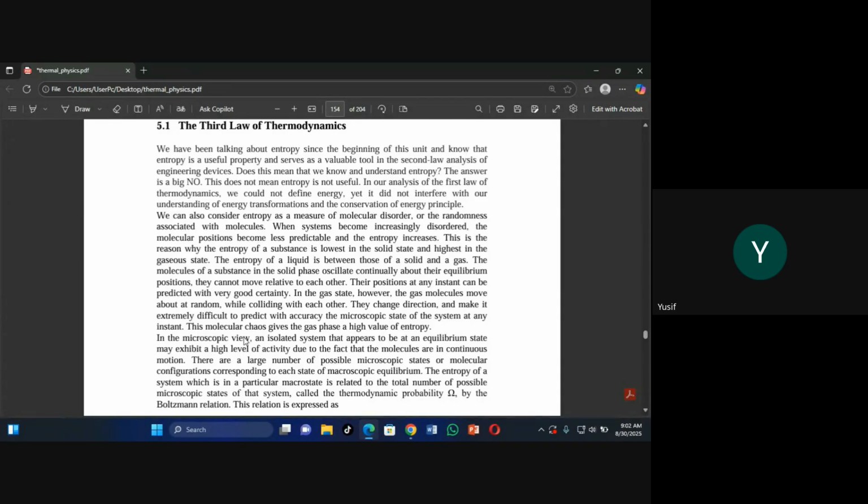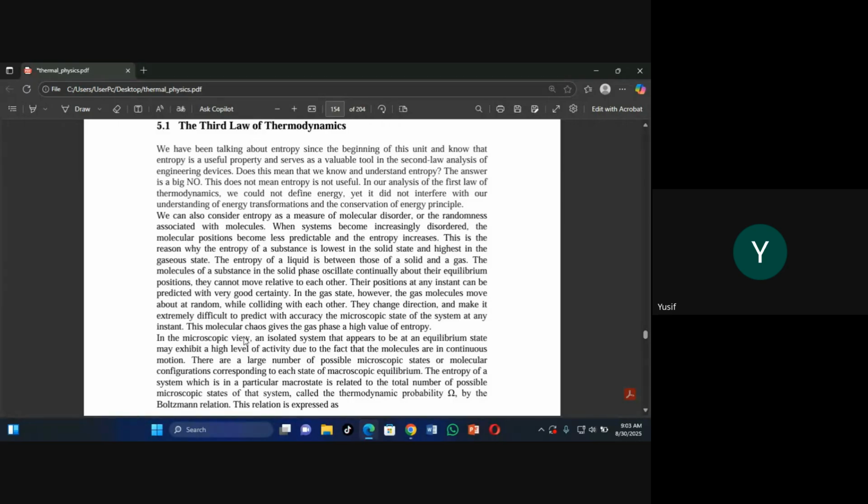In our analysis of the first law of thermodynamics, we could not define energy, yet it did not interfere with our understanding of energy transformations and the conservation of energy principle. So in the first session, we couldn't give a vivid definition for energy, but we were able to find when there is change in energy in a thermodynamic state or system.